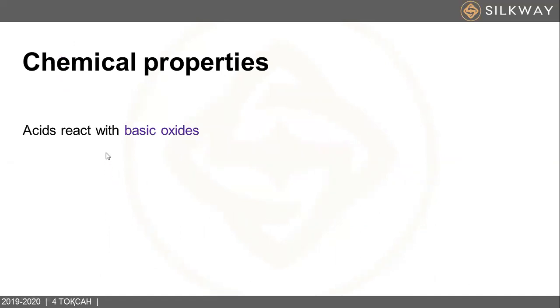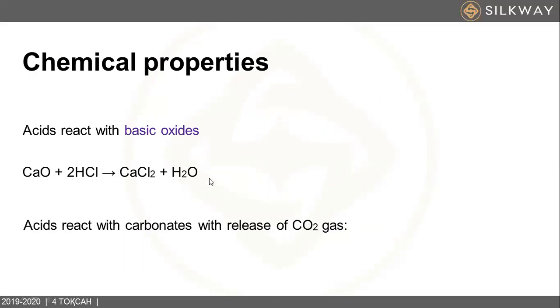Also, acid can react with basic oxide. Basic oxide, calcium oxide, when reacting with hydrochloric acid, produces calcium chloride, salt, and water. Acids react with carbonates with release of carbon dioxide gas.